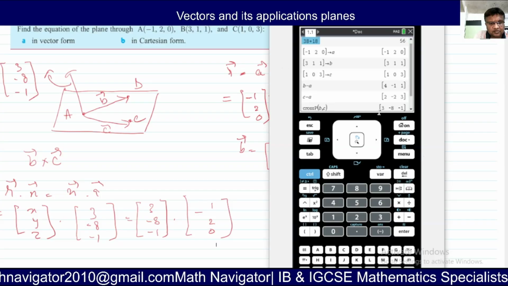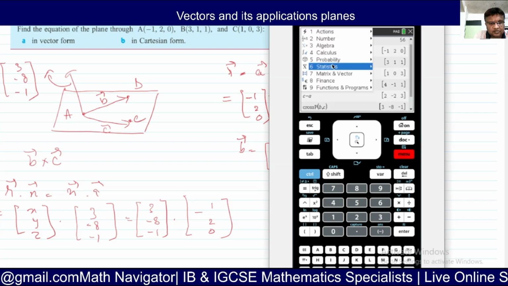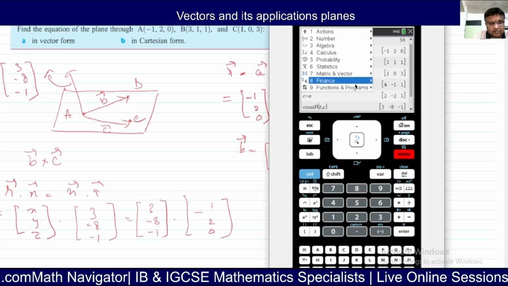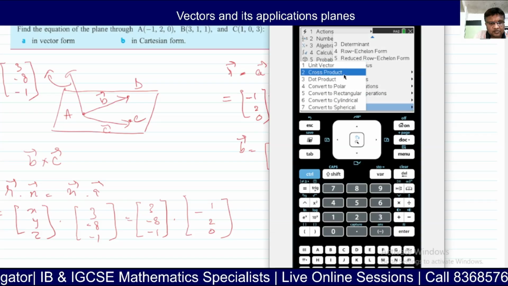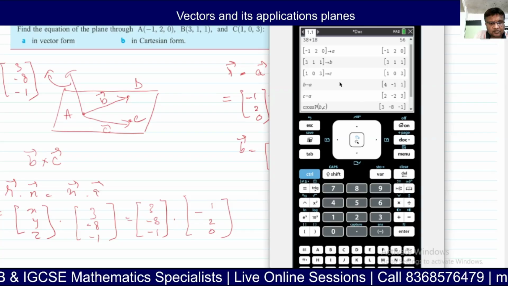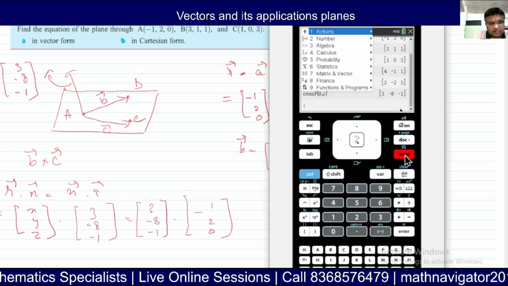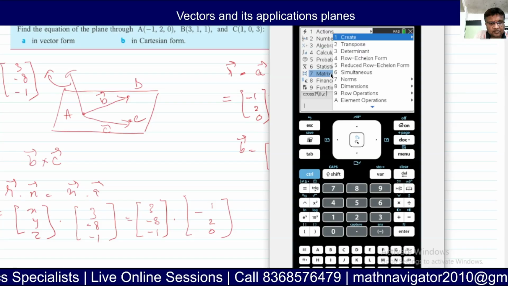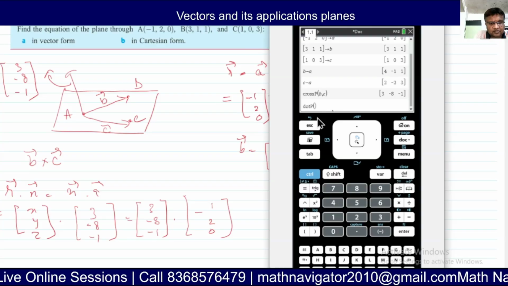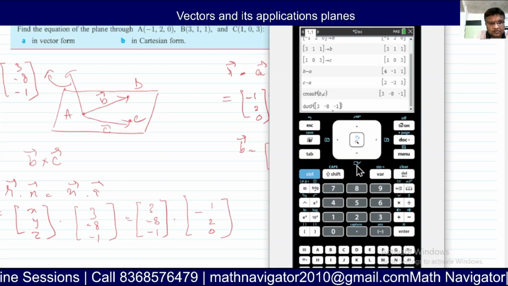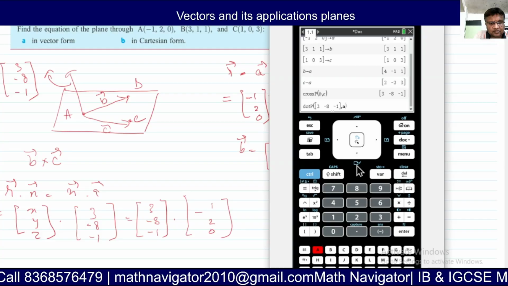Again, we will first copy it, then we'll go to matrix and vector, dot product, and take the dot product of this vector comma vector A, right?